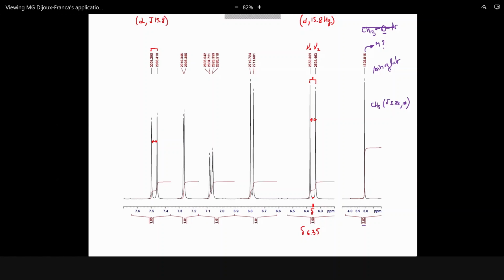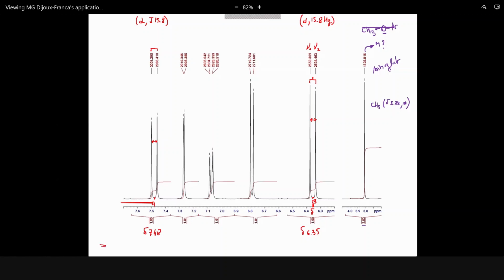So that means that this proton, let's say it's proton A and proton B. We know that these two protons with a chemical shift of 7.8, A and B are on the same double bond.